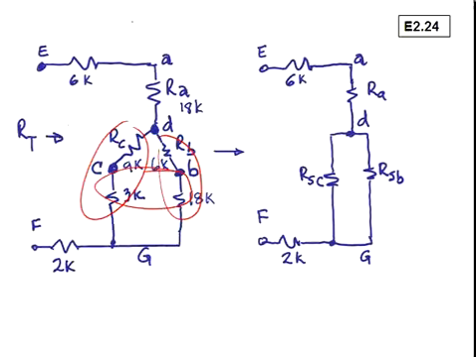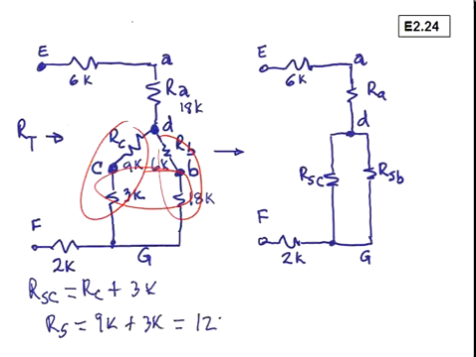So we'll determine the values of the series connected resistors as RSC is equal to RC plus 3K, and RSC is equal to 9K plus 3K, which is 12K.